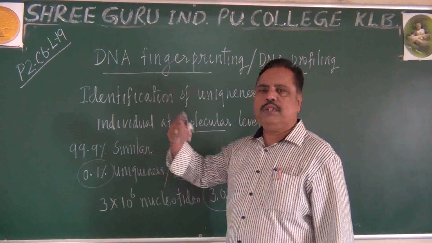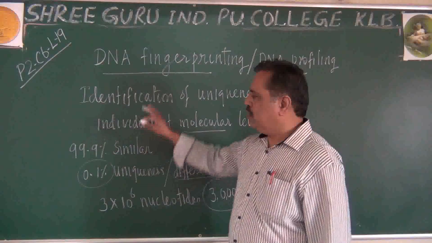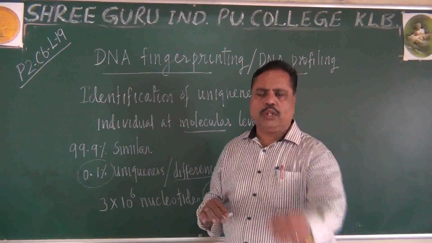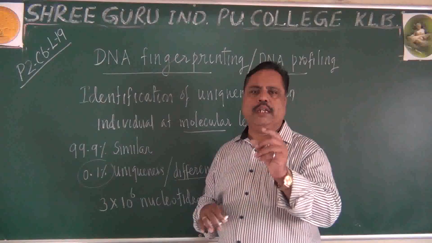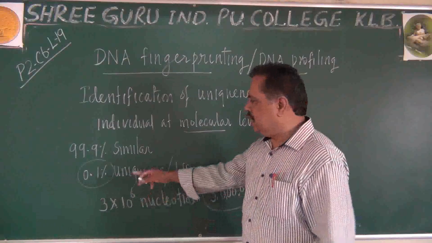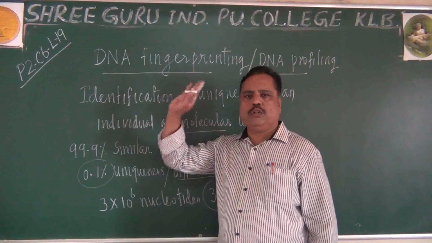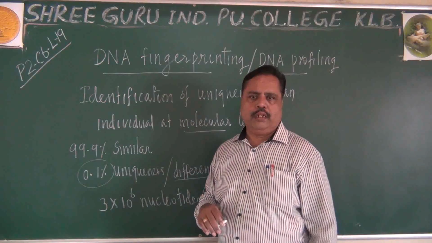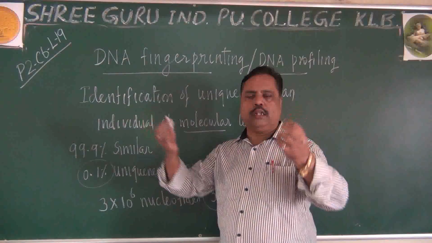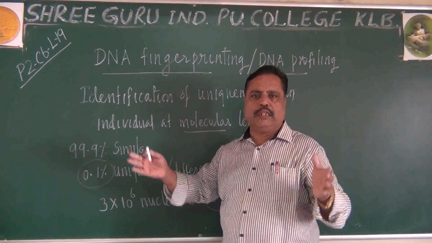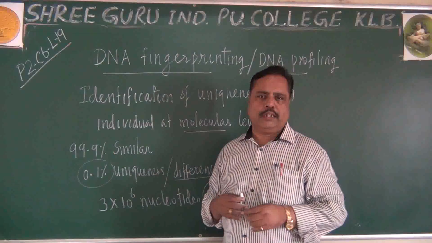About that, we will see in the next class. Today just I gave you some introduction. You could have understood the idea of DNA fingerprinting. It is not searching for 3 into 10 to the power 9 nucleotide. It is very difficult to take so many nucleotides, sequencing them, comparing them, everything.